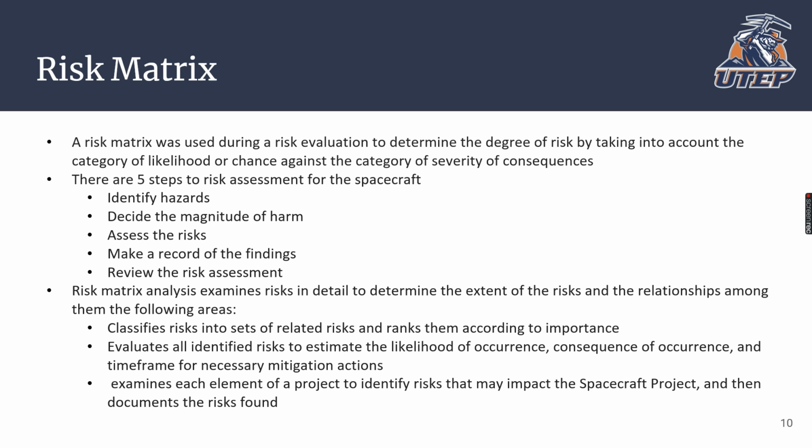Part of that matrix would be to create a 5x5 or a 4x4 square box to understand the level of a risk that will be identified, and how the risk would be ranked from a high impact to a low impact, and therefore evaluated.